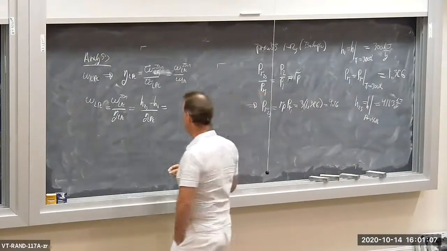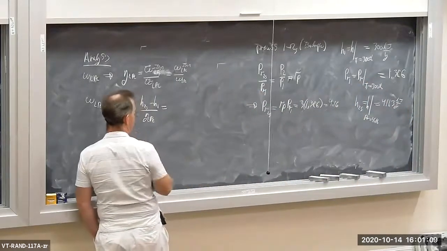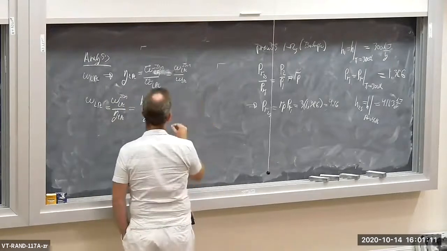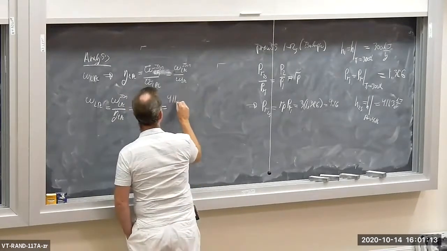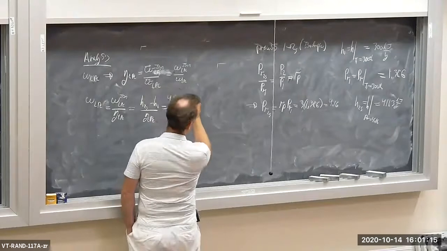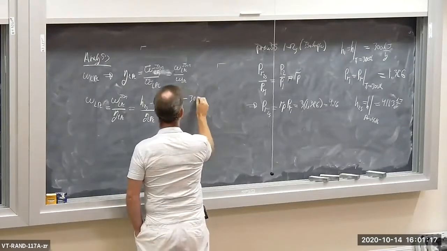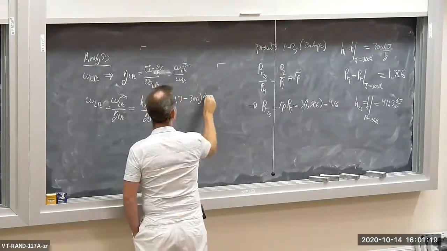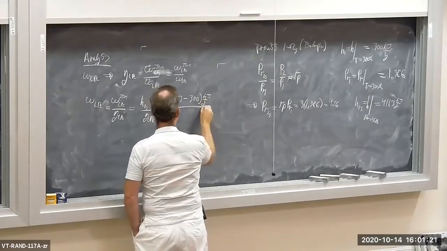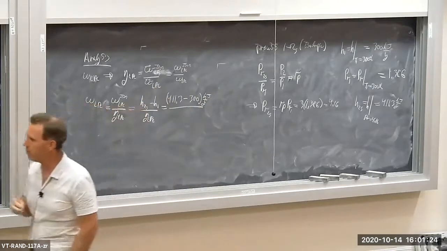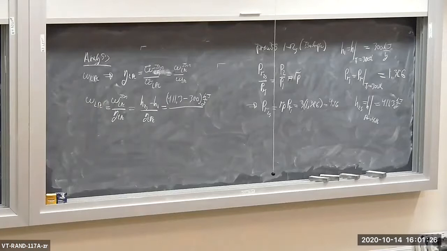Okay, so I have H1, I have H2s, and I have the isentropic efficiency for the compressor. So I get 411.3 minus 300 kilojoules per kilogram divided by the isentropic efficiency for the low pressure compressor.